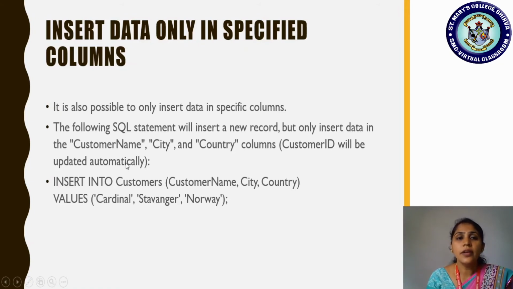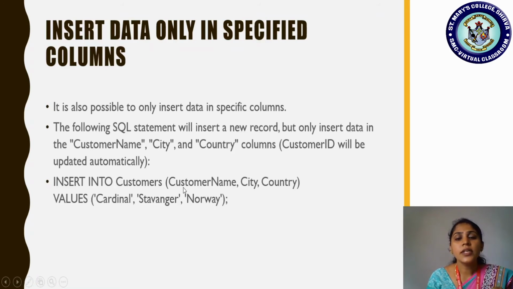So customers is a table which has already been created in this example. So while inserting the data, they are inserting only to a few columns, a few attributes. Just check out here, insert into customers, they are inserting only the customer name, then city and country. If it is only for three columns, then close the parenthesis, then go with the keyword values.